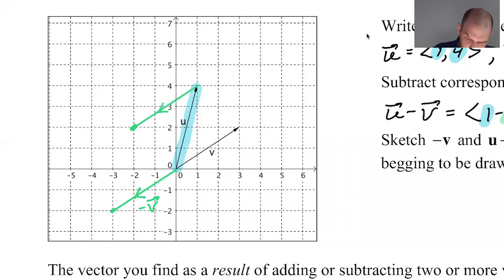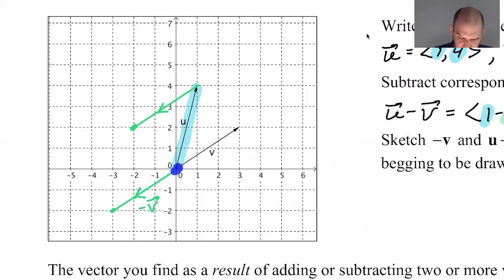I'm going to put my arrow there so it's not too bad. Now the final vector that we're going to draw goes from the initial point, which is the origin, where you started this whole journey, to the last terminal point that you made.